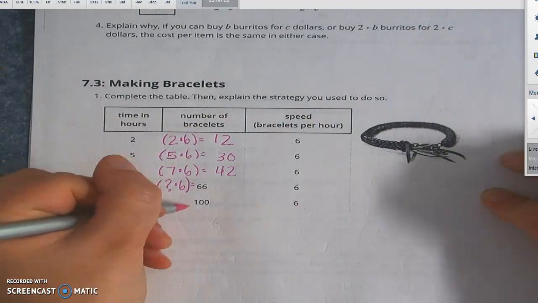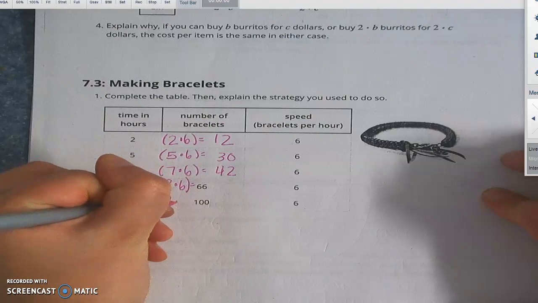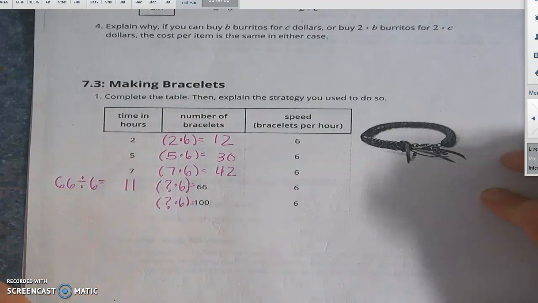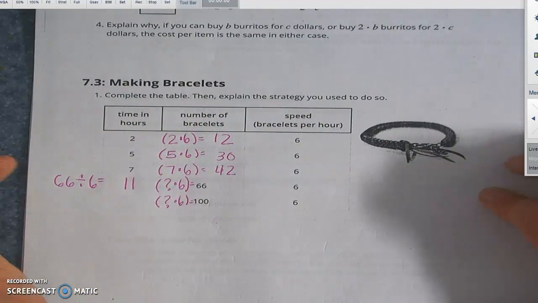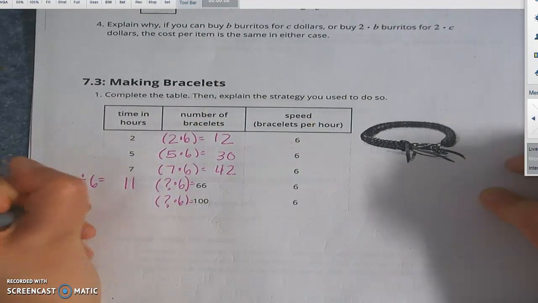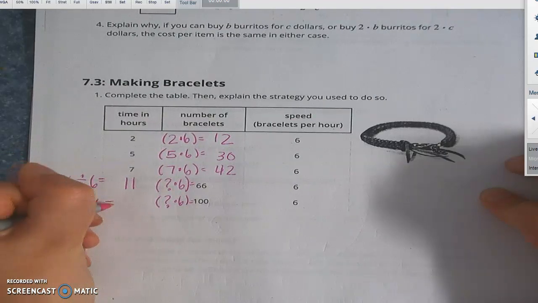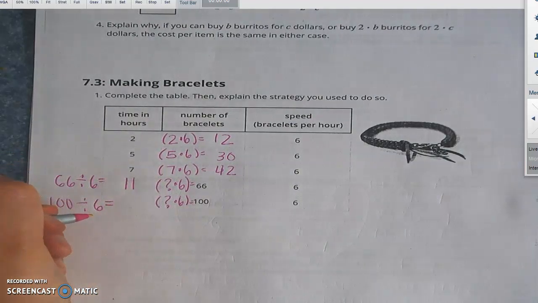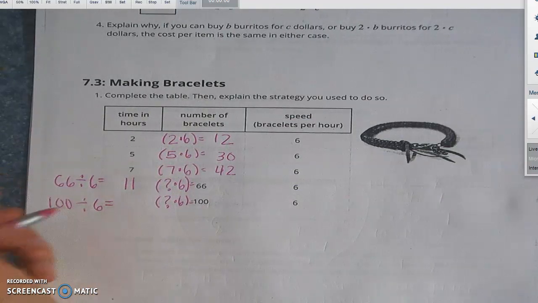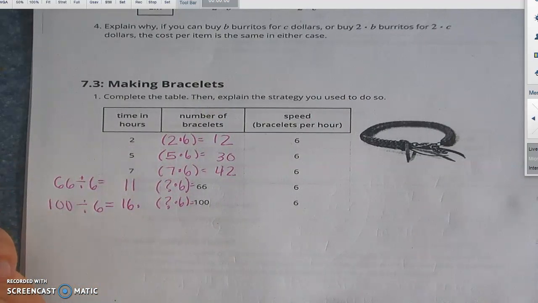And then to find 100 bracelets, I can either think what times 6 is going to give me 100, but this one doesn't even come out so nice and pretty. Or I can do 100 bracelets divided by 6 bracelets per hour, and it gives us a crazy repeating decimal, 16.6 repeated.